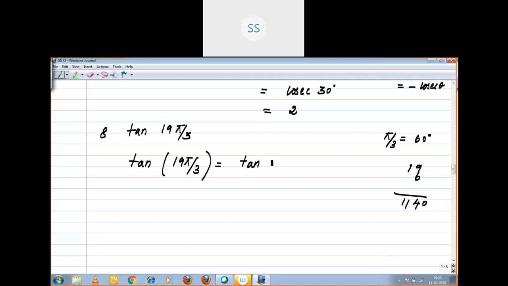Now, tan 1140 degree, right? Tan 1140 degree.